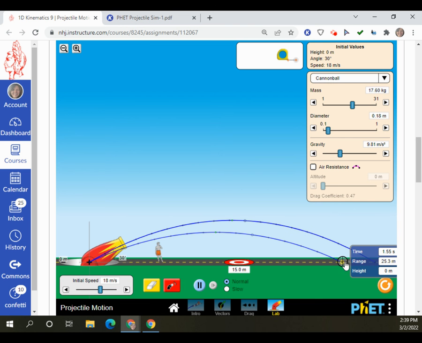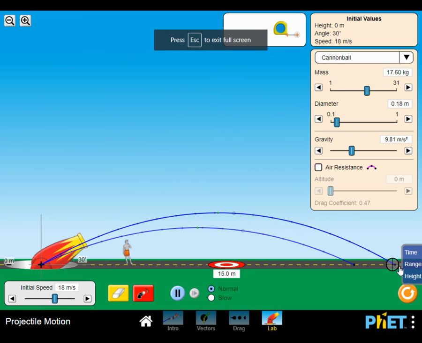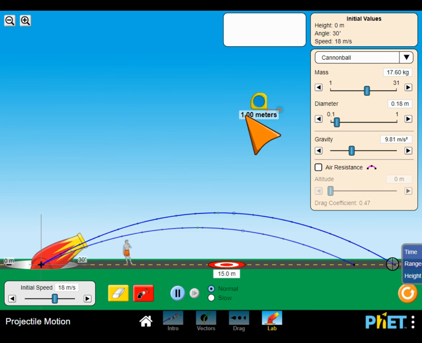This time we'll move our rangefinder. Okay, and it's a little hard to see, so let's see if we can go full screen. Yeah, still a little hard to see that one. So we could measure. Our measurement is 28.50.